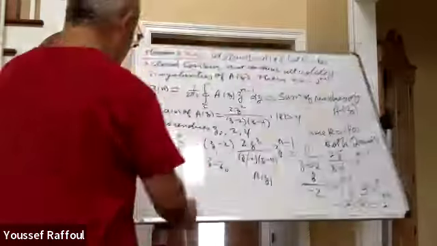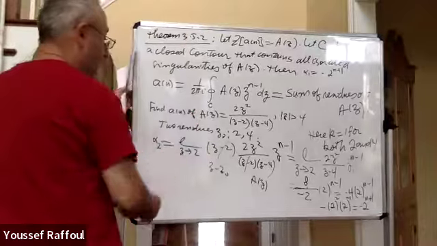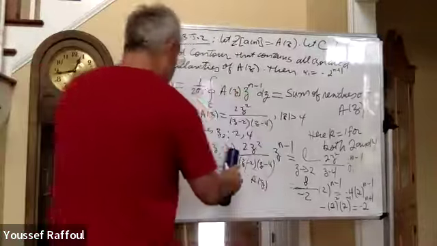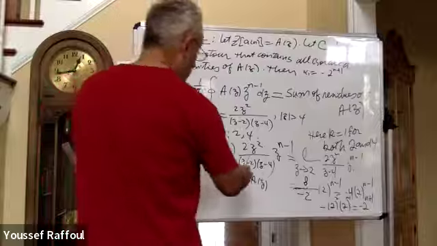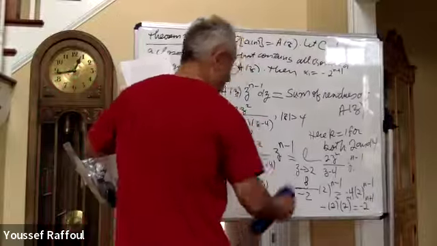Now alpha 2 is going to be the same. It's going to be z minus 4 times 2z squared over z minus 2, z minus 4, z^(n-1).